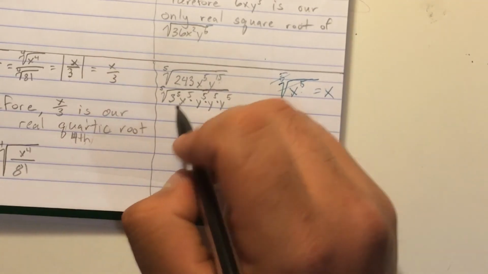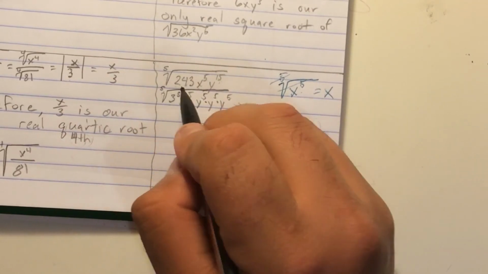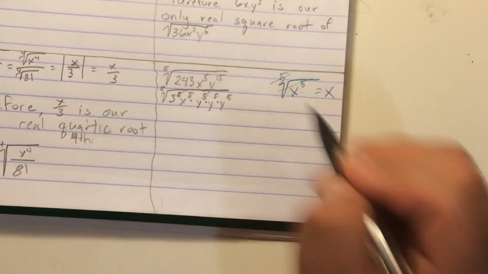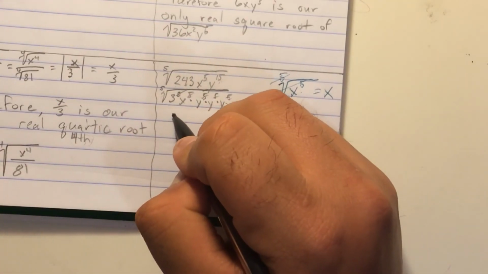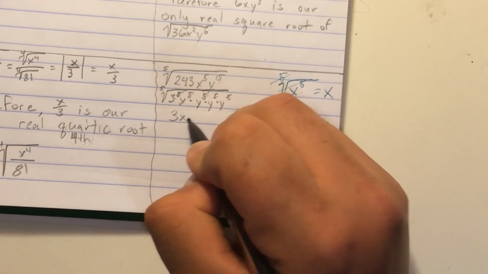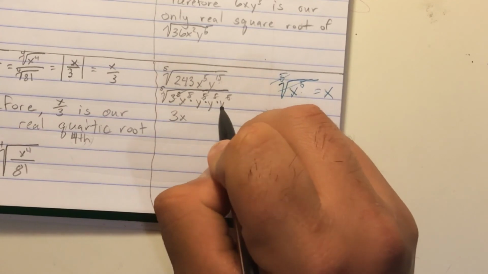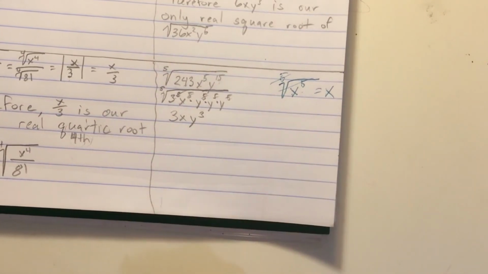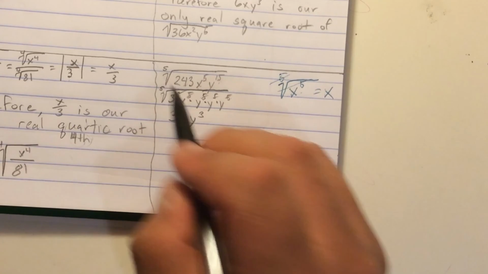Okay, so now we can go ahead and start taking things out. Since we have this here, we can reduce all of these out, and we're left with 3x, and then y times y times y is y cubed. So this is going to be our fifth root.